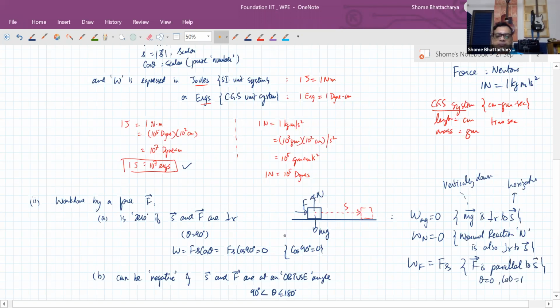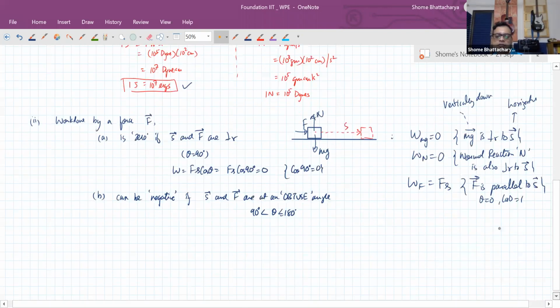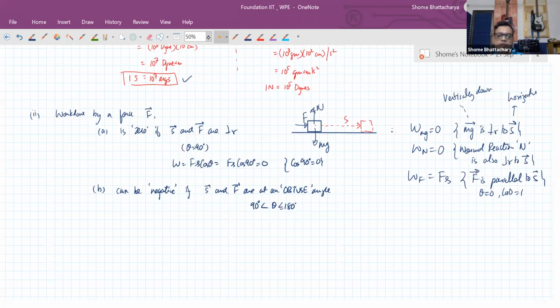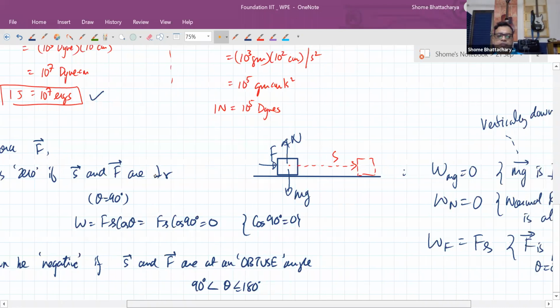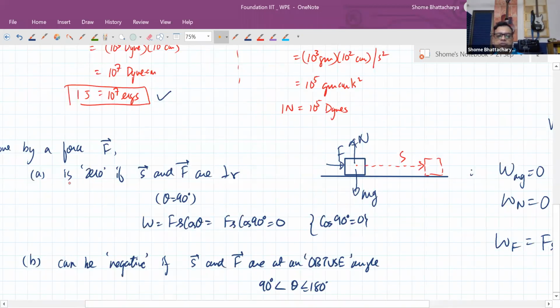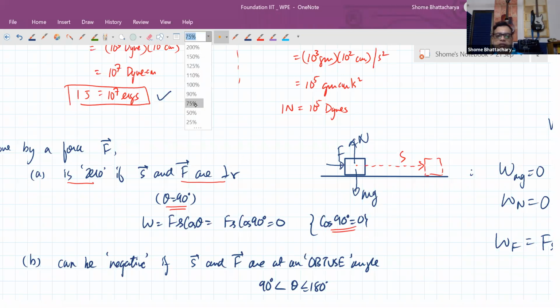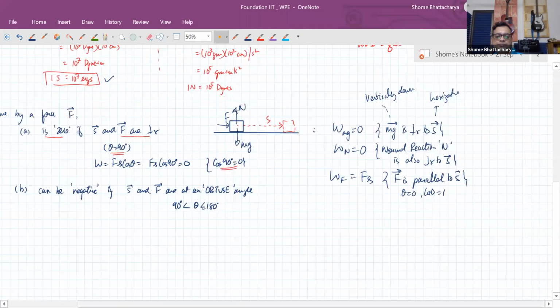So this example explains this first point, the A part, that whenever force and displacement are perpendicular to each other, the work done is 0. Perpendicular means theta is 90, and cos 90 is 0. So that's the technical reason why this happens. So this is an example of that.